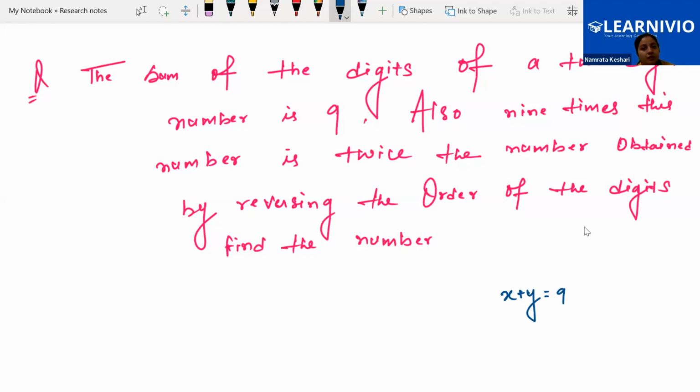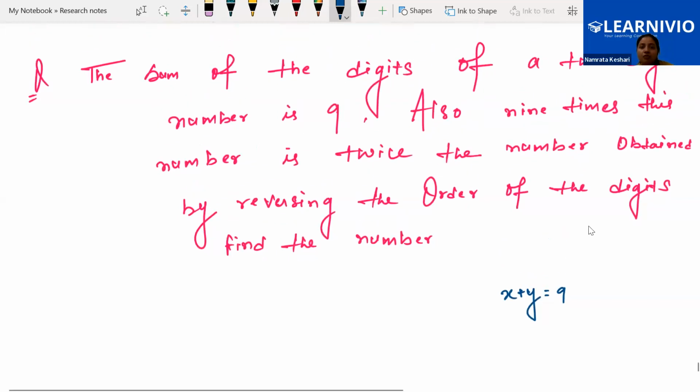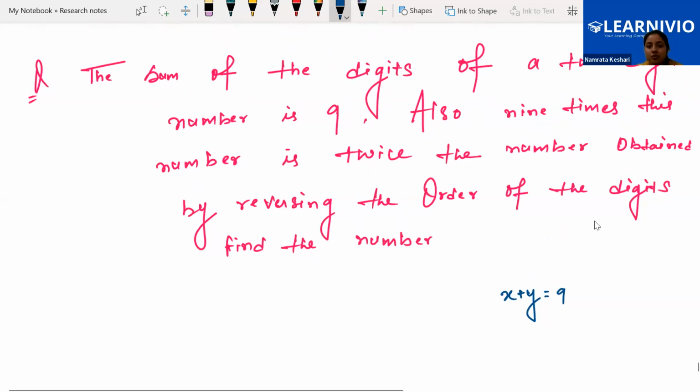So for the second one, maybe y is bigger than x over here. So 9x plus 9y. I'm not sure actually.